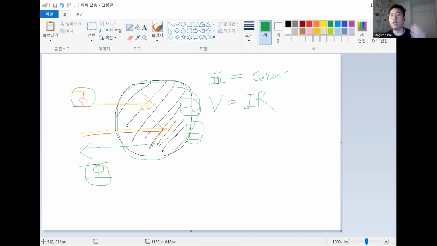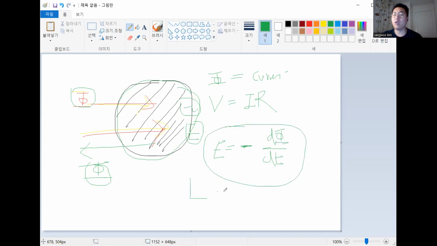I explained Lenz's law. The important thing is this inertia. When you learn about the inductor later, this concept is really important. That's why I'm constantly emphasizing it.